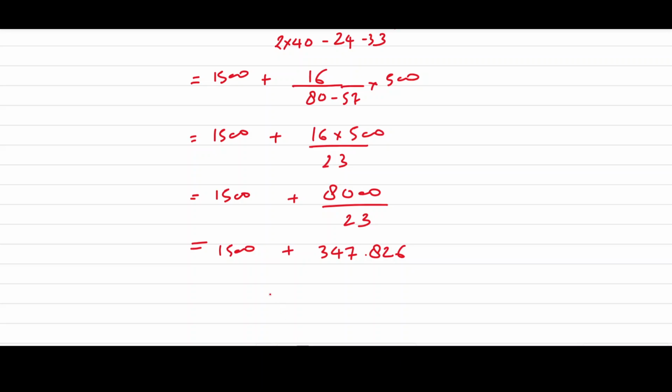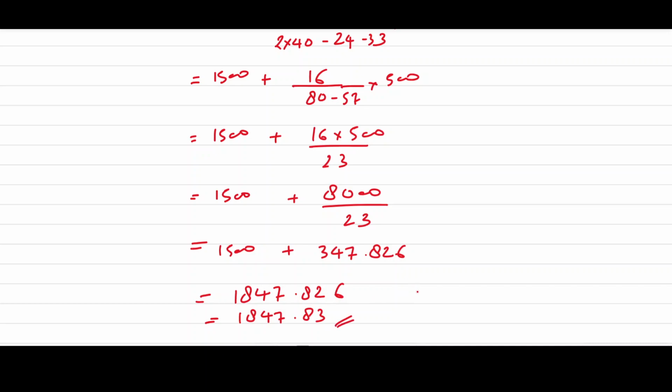Now this will be 1847.826, and we can write it to significant digits as 1847 point, and the next digit is greater than 5, so 83.